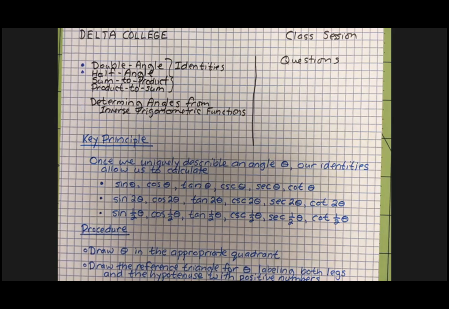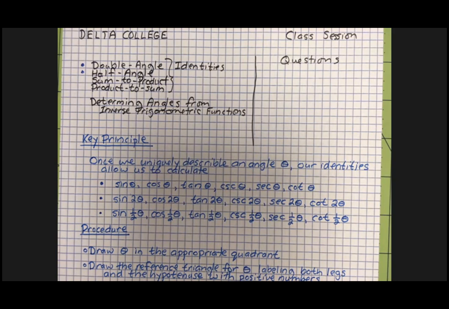So this is the key principle that you have to believe. In fact, once you have the sine of the double angle, then you could have the sine of 4 times the angle just by doubling the double angle. You could have the sine of 3 times the angle just by adding the angle and the double angle.